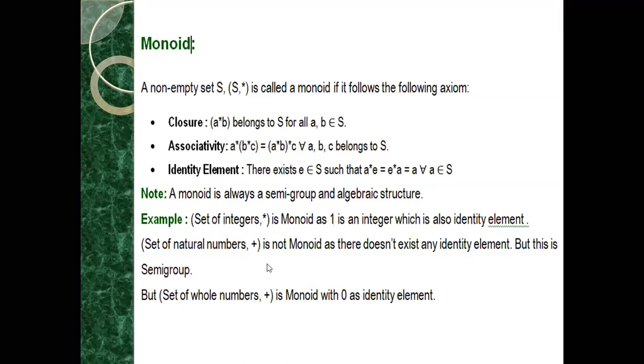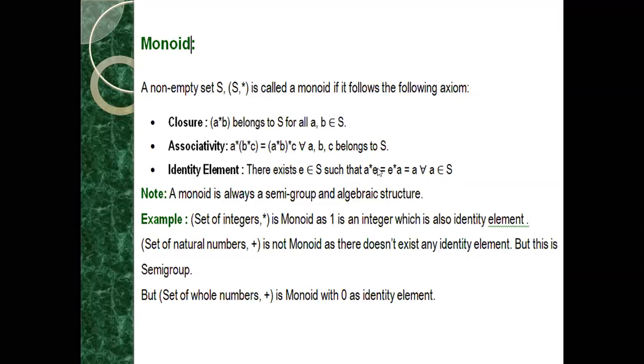What is the identity element condition? a belongs to S, and here in place of S we are considering the natural number set. So 5 belongs to N, there exists e belongs to S. Here the condition is 5 star, and in place of star the binary operation given is plus. So 5 plus which element can we add here?